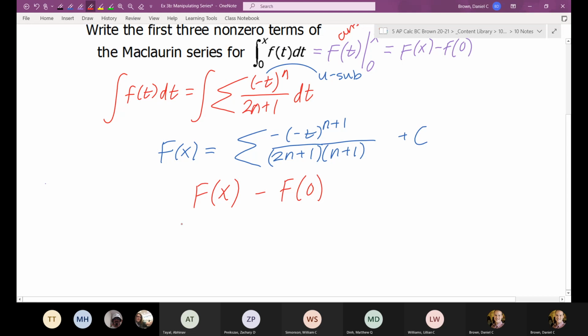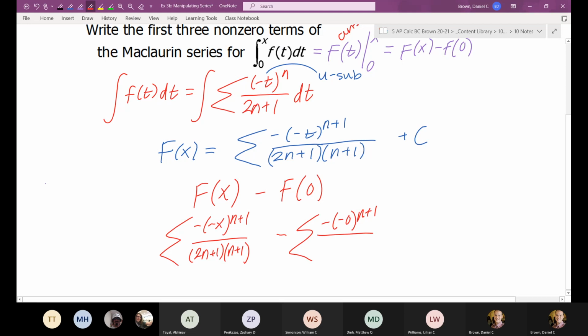So plugging in x, this is the series, negative of negative x to the n plus 1 over this coefficient term, minus the series, negative of negative 0 to the n plus 1 over 2n plus 1 over n plus 1.